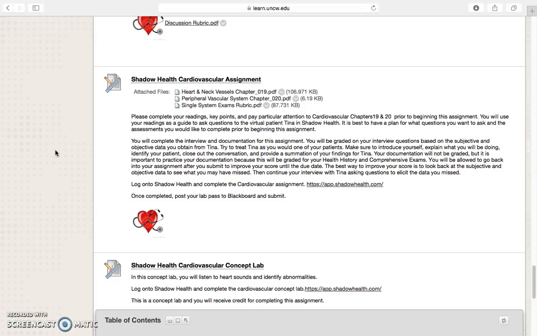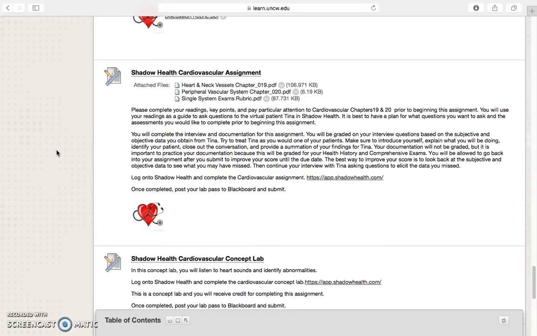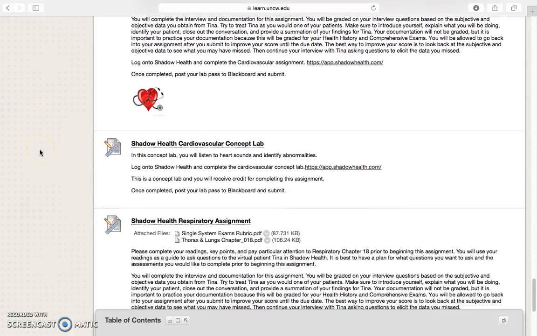Again, we allow you as many times as you want to reattempt these assignments, so please be sure early in the week to start out reviewing these assignments and talking with your patients and practicing your documentation and your overall transcript, because the documentation and transcript will be calculated into your overall comprehensive Shadow Health assessment.